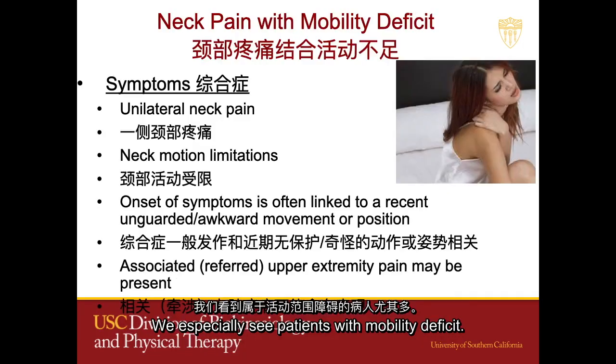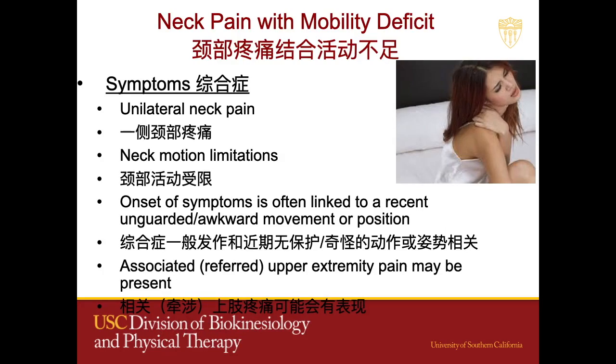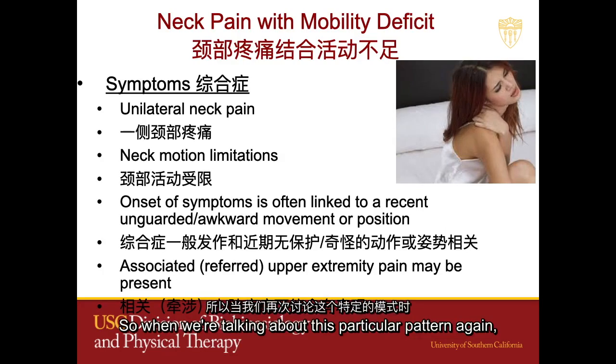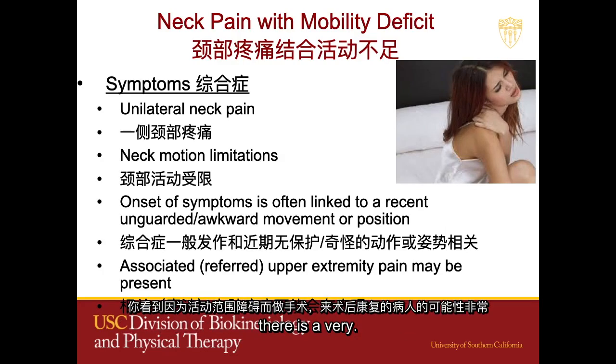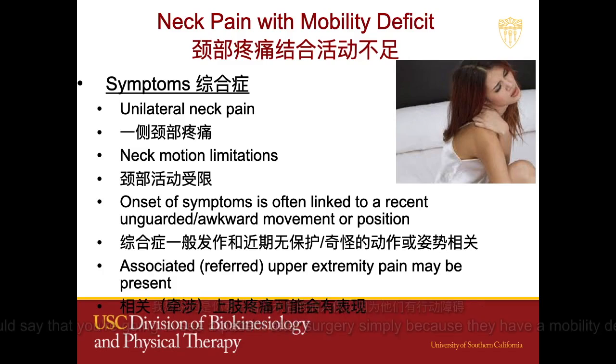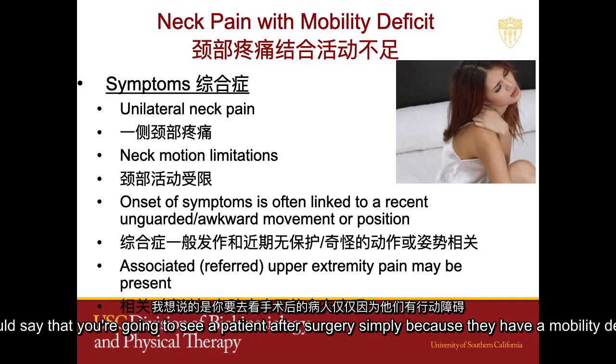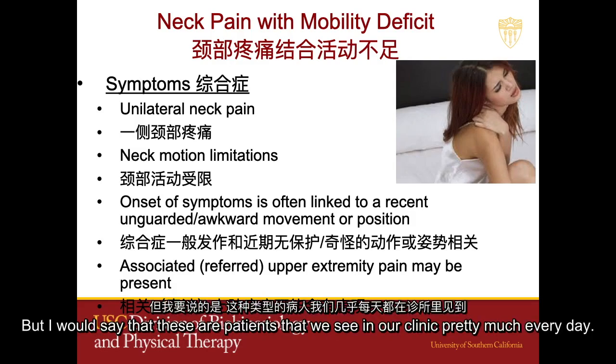We especially see patients with mobility deficits. So when we're talking about this particular pattern, again, there's very little possibility, I would say, that you're going to see a patient after surgery simply because they have a mobility deficit. But I would say that these are patients that we see in our clinic pretty much every day.